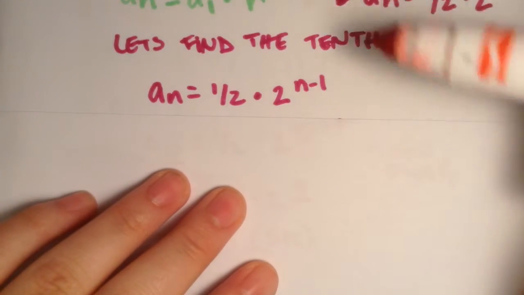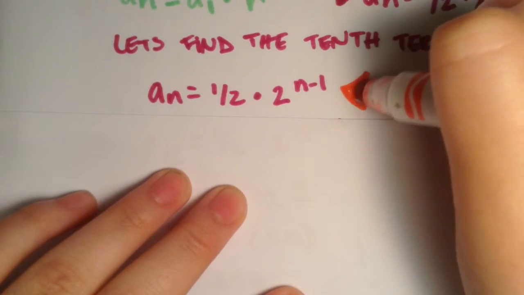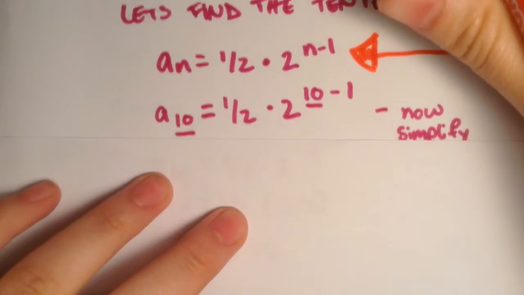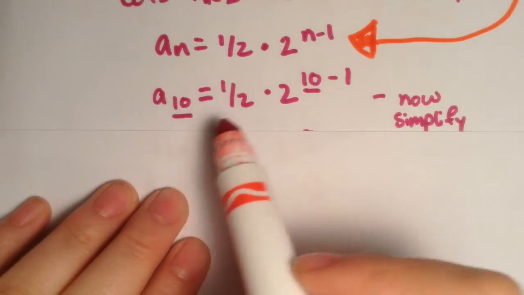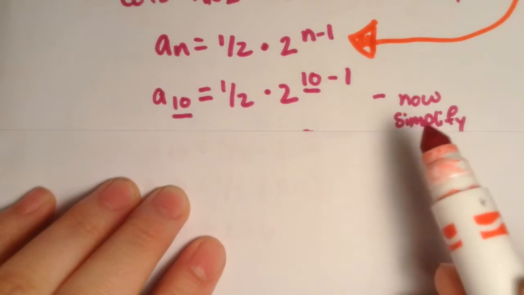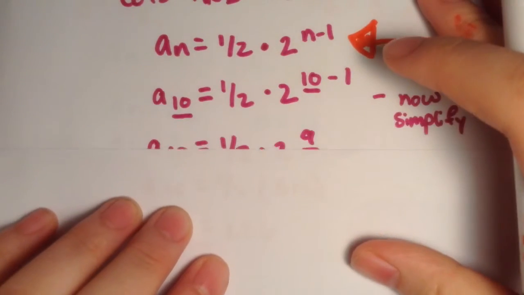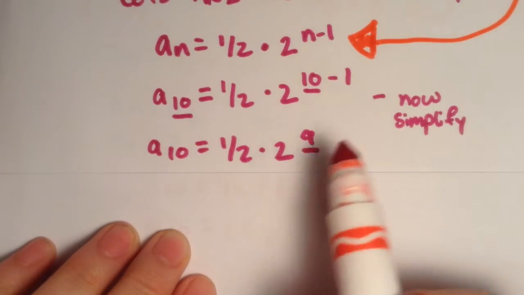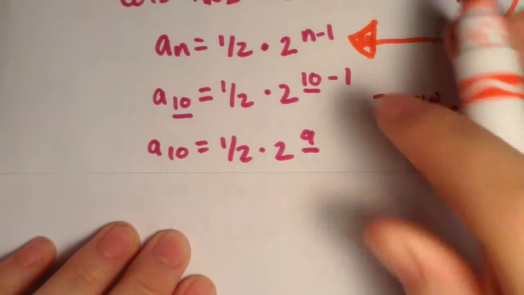Let's find the 10th term. So the 10th term, that's a sub 10, because that is our n, the 10th term. We just plug that in for the n right here as well. And now we just need to simplify. So a sub 10 equals 1/2 times 2 to the power of 9, because we have 10 minus 1 as our exponent.